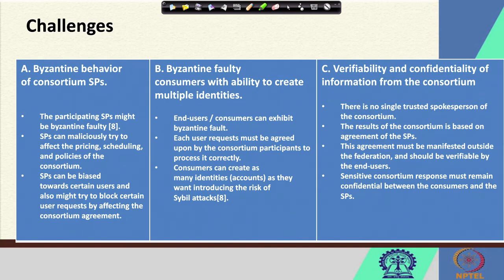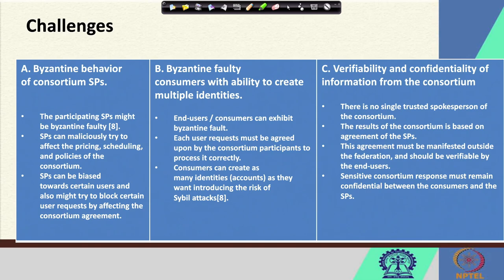So the question comes: how will this agreement be manifested outside this federation, and how will the end user verify that this agreement has come from such a federated agreement architecture? And the final challenge is that the sensitive consortium responses must remain confidential between the consumers and the service providers.